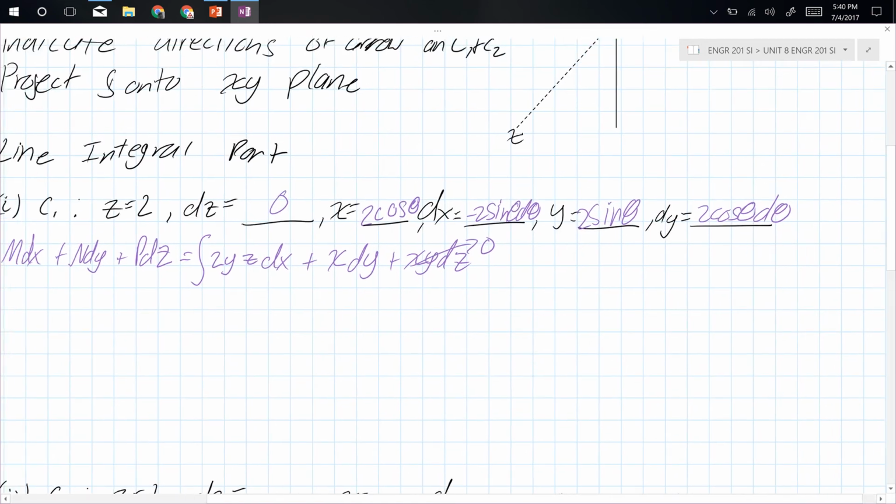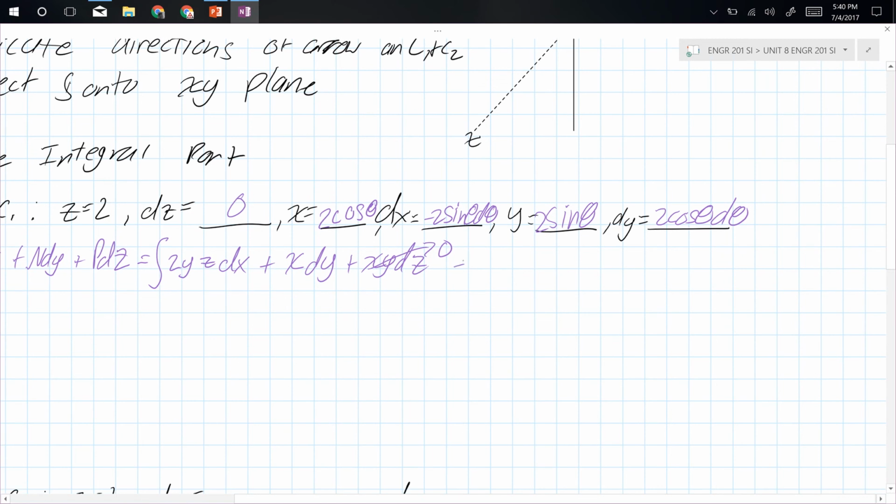We're already given z as 2, so the integral would be 2 times z, which is 2, times y, which is 2 sine theta, times dx, which is negative 2 sine theta d theta, plus x, which is 2 cosine theta, times dy, which is 2 cosine theta d theta.